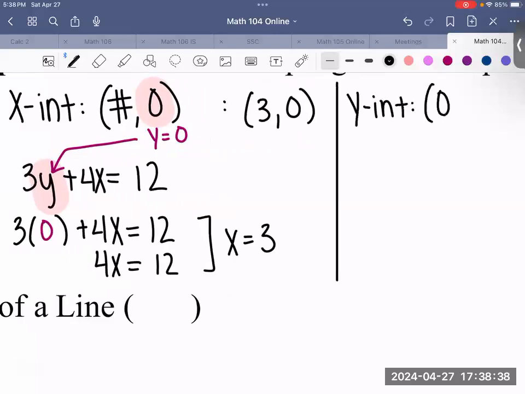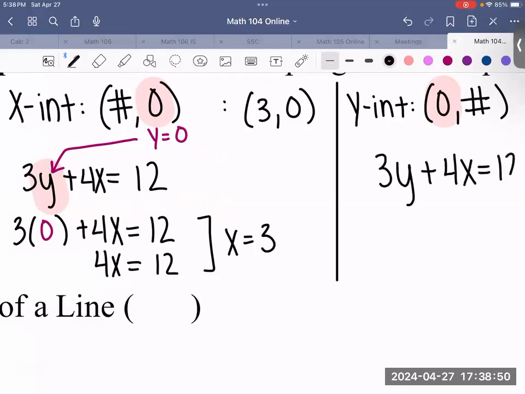Your y-intercept is where your x value is 0 and your y value is some number. So we're now going to do the exact opposite. We have 3y plus 4x is equal to 12, where we replace your x value with a 0.